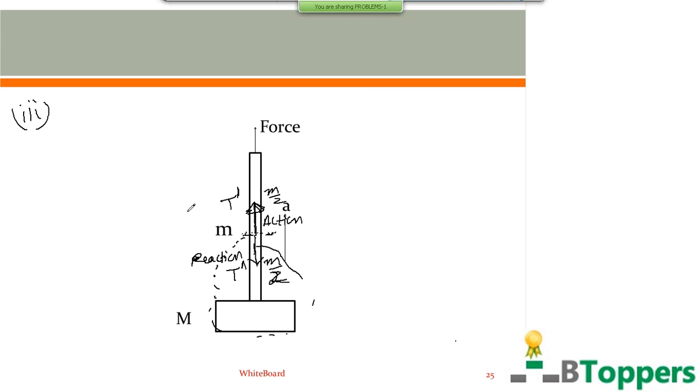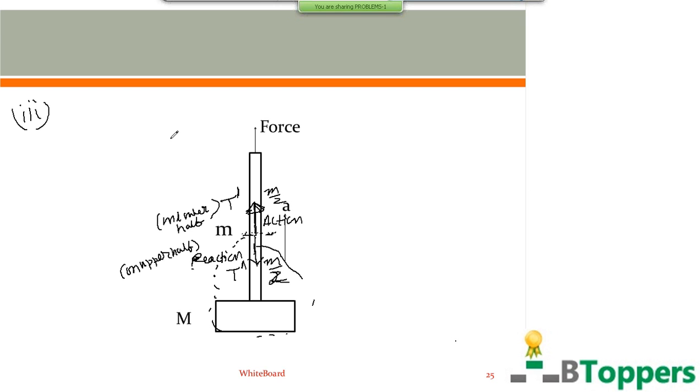That means this T dash is the force exerted on the lower half of the rope by the upper half, which acts upwards. The reaction force is the force exerted on the upper half of the rope by the lower half of the rope.